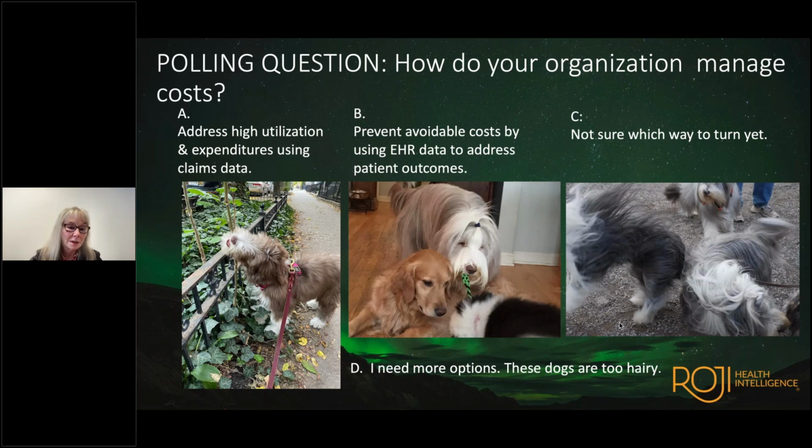Or you may be more advanced and using B, EHR data to address patient outcomes as a way of controlling costs. Or maybe you don't know which way you're going, and you are the fluffy beardies in the wind spinning around, and then you would answer C. Or maybe you just don't think my dogs are appropriate, they may be too hairy for your taste, and you need more options, in which case you would choose D.